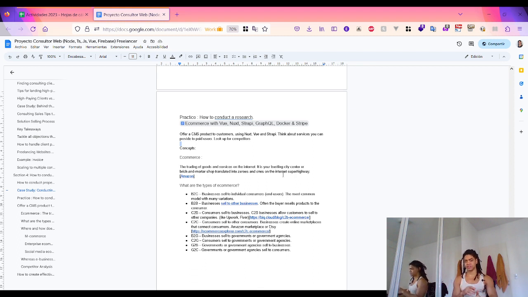So for example, business to consumer, which is the most common business model, where you have online retailers like Amazon, Walmart, or Target. Digital marketplace, where consumers purchase goods and services from small businesses or individuals in places like Etsy, eBay.